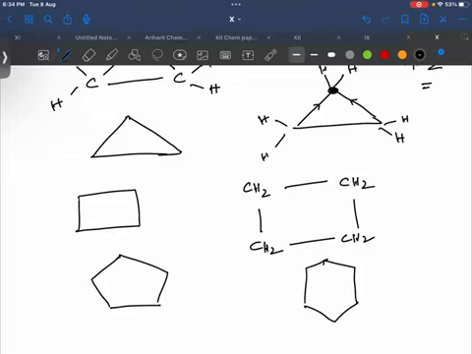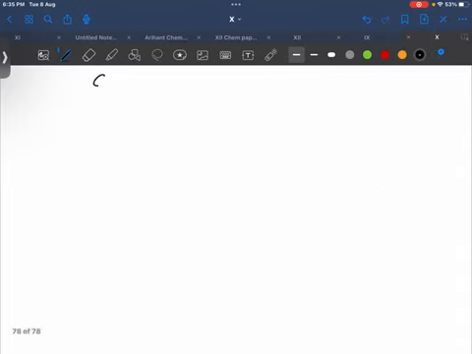So I was going to discuss this. In organic chemistry, if you have a given formula, the same formula can have different structures. We will encounter this frequently in organic.